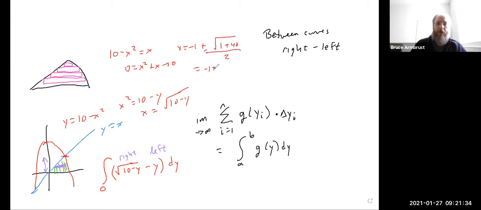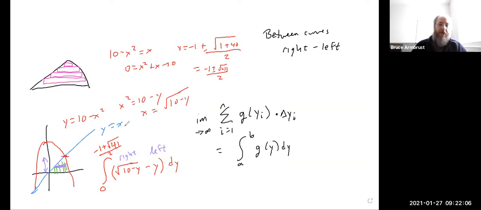So negative 1 plus or minus the square root of 41, all over 2. We obviously want the positive one. So the upper bound is going to be negative 1 plus root 41, not 91, 41. Sorry about that. Negative 1 plus the square root of 41, all over 2, is our upper bound.